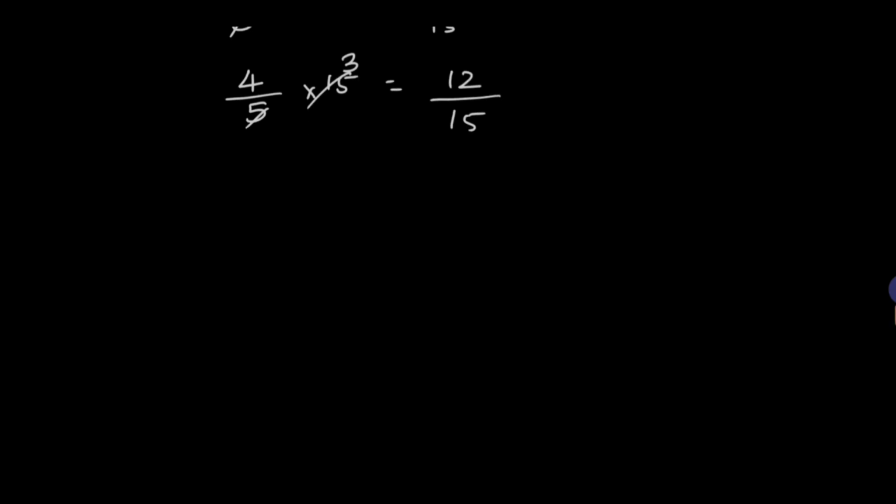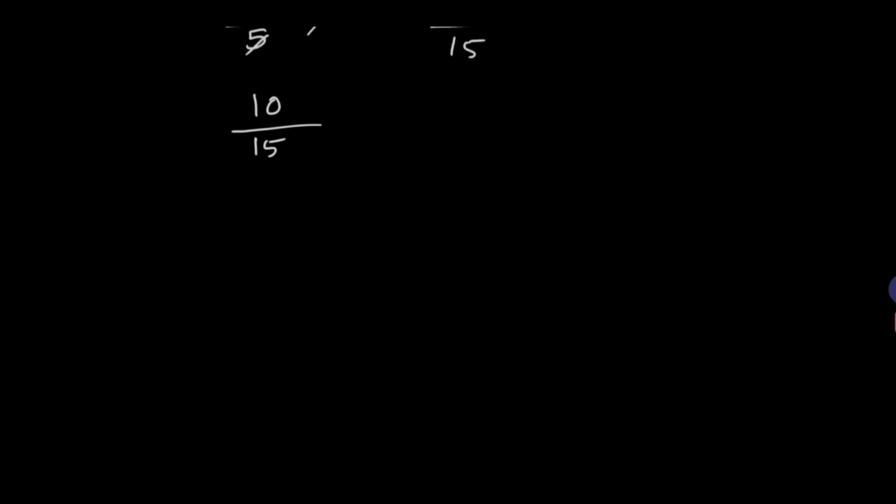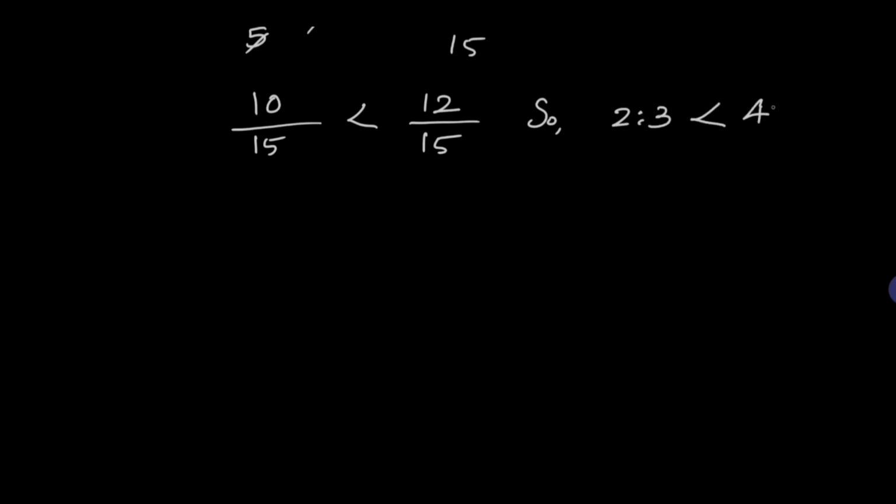Now the denominators are the same, so we can compare. 10/15 is less than 12/15. So 2:3 is less than 4:5. This is another method of comparison.